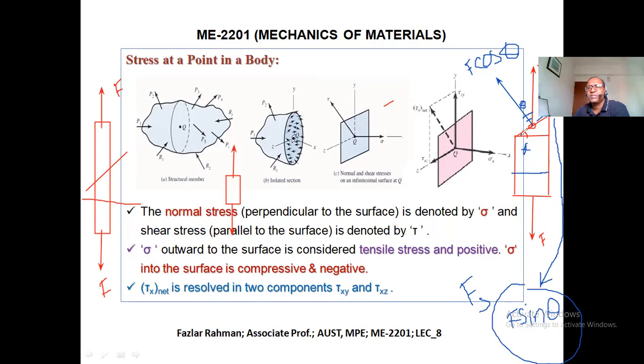But if theta has a certain value, then there is shear force and also normal force working on this surface. So if you cut a surface, remember there works one normal force and one shear force.